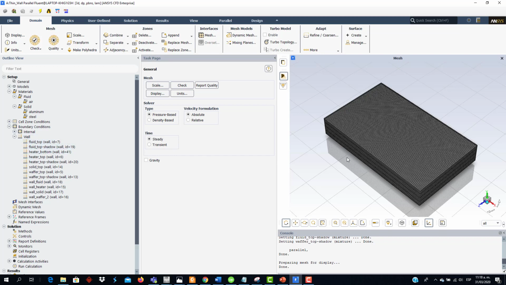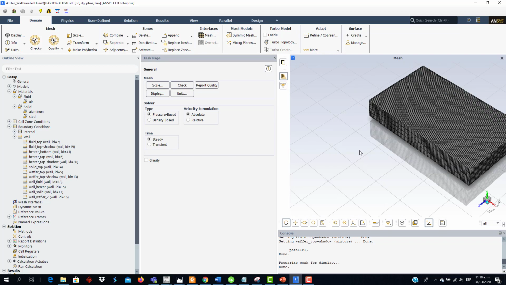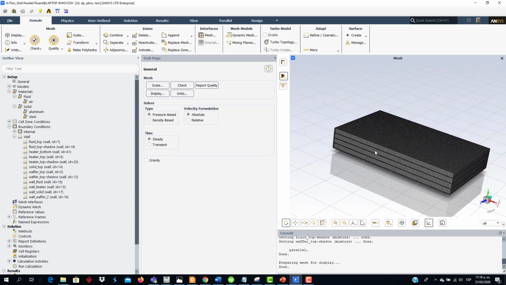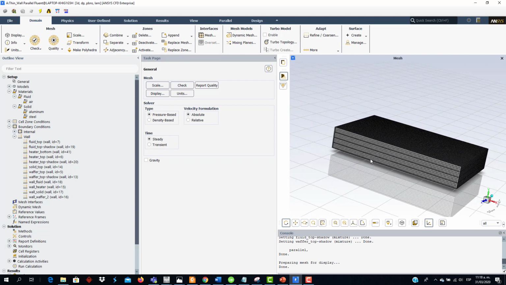Then the idea is that the heater begins to transfer heat through all bodies. The heater is here and the heat is going to flow in this direction. That's the idea, and we see how the temperature profile is going to be affected by the use of the thin wall model.